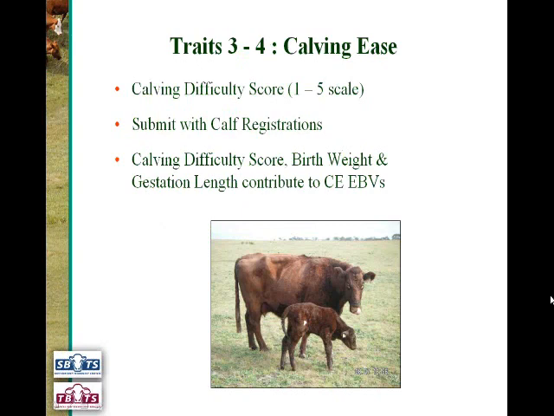The next two traits are obviously calving ease direct and calving ease daughters. The information to record for that is our calving difficulty scores. So with each calving which occurs, you record the level of calving difficulty, from 1 to 5. 1 is unassisted, 2 is what they call an easy pull.